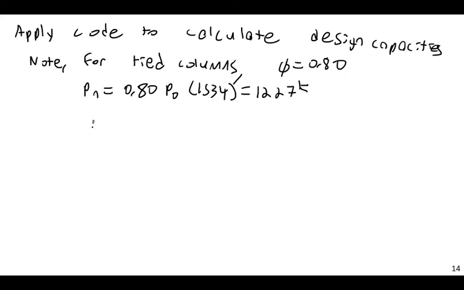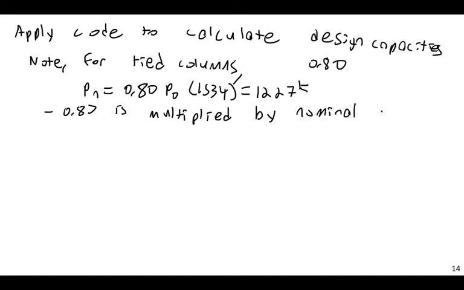Sorry, this wasn't the phi. The phi is not equal to 0.80. If you remember from last time, the 0.8 is multiplied by the nominal capacity before phi is even applied for tied columns.